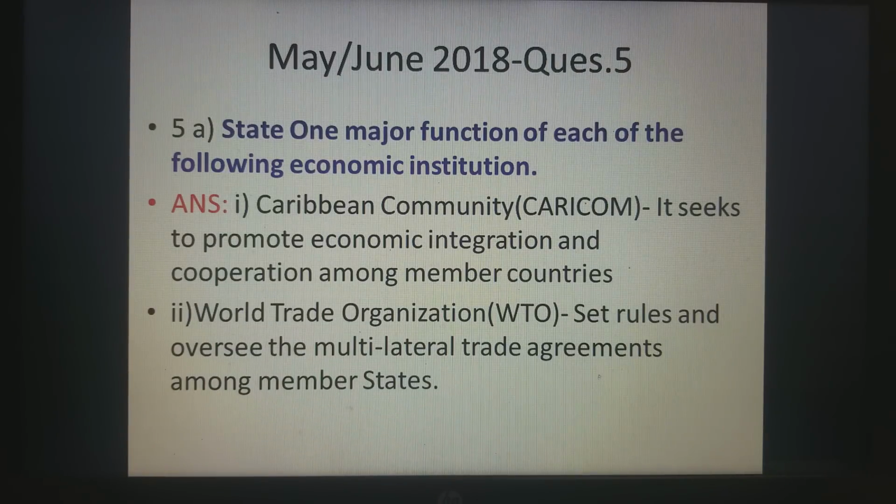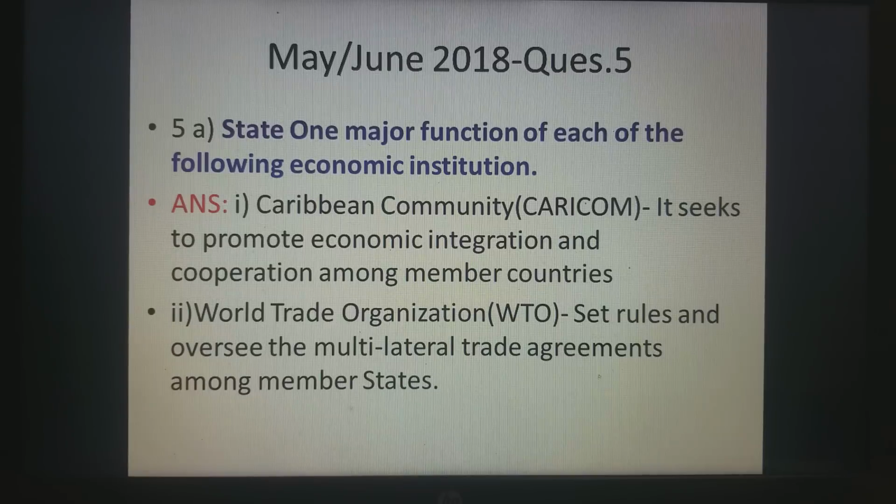From the 2018 question 5, the first question A says, state one major function of each of the following economic institutions. First one is Caribbean Community or CARICOM.